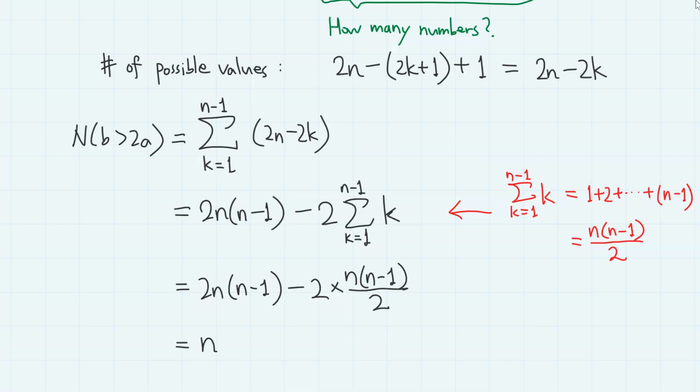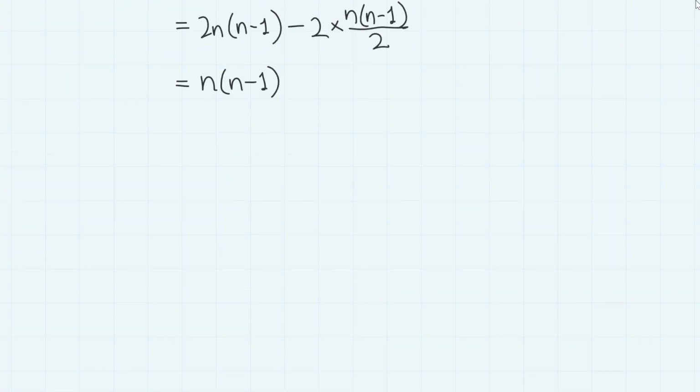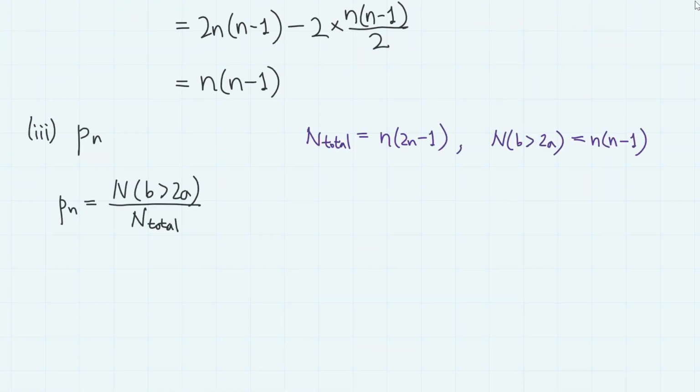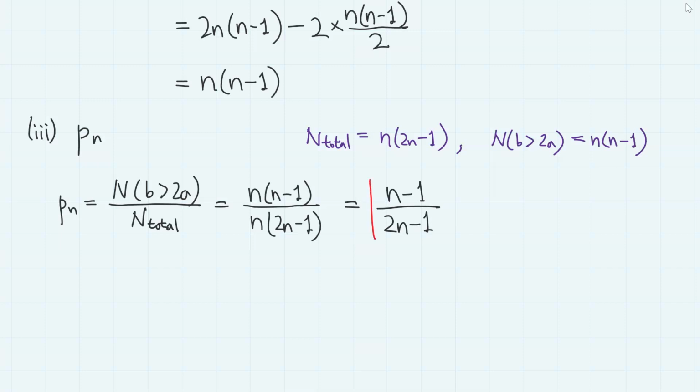So we have n times (n minus 1). Therefore, the probability that B is greater than 2A is n times (n minus 1) divided by n times (2n minus 1). So we have n minus 1 over 2n minus 1.